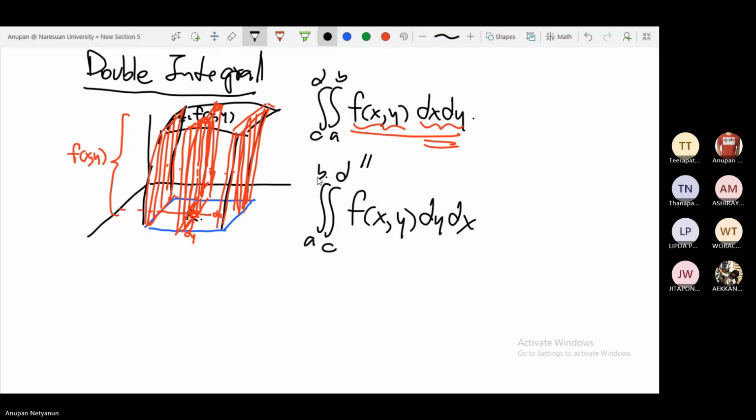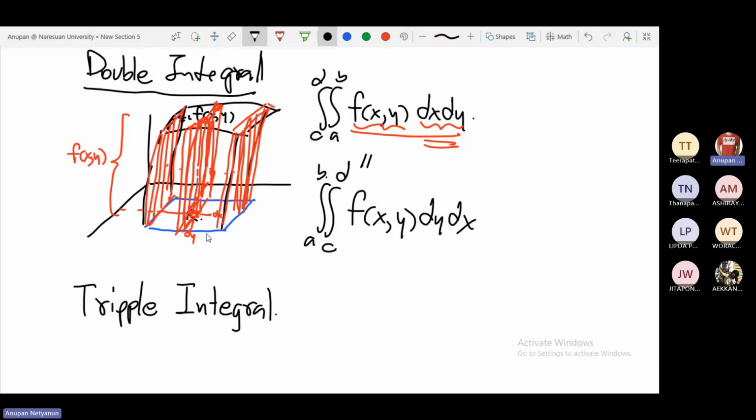Now, in the case of the triple integral, you have to use your imagination. Think along with me. In the double integral, we can only draw the integral on this area, but in the triple integral, the integration is going to be on three-dimensional things.